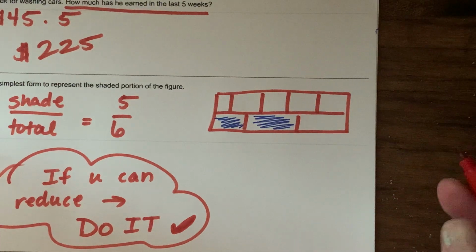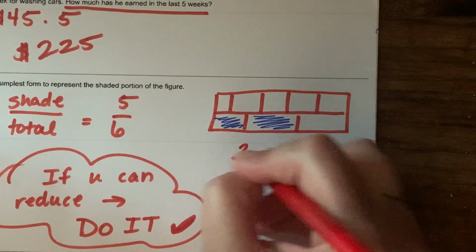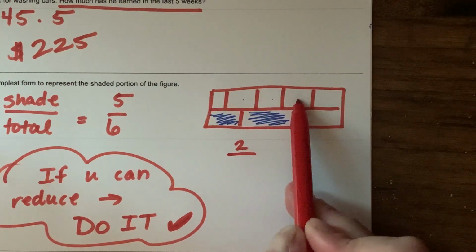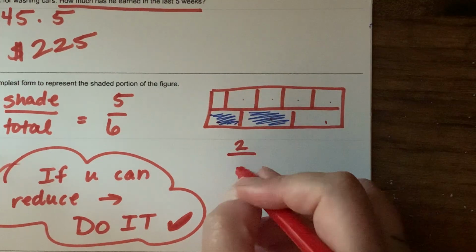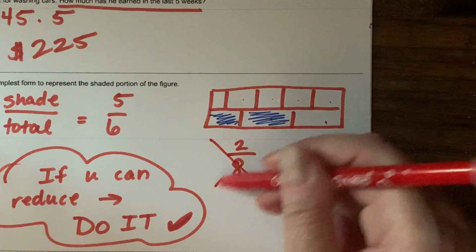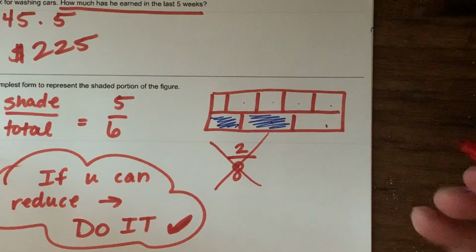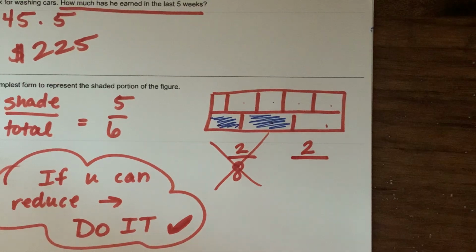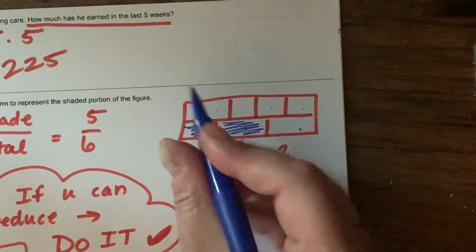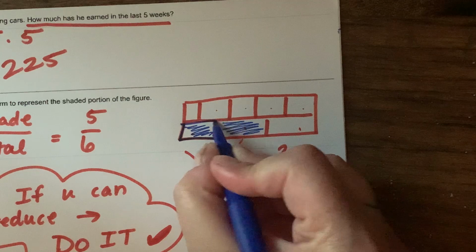Okay, well, the answer is not 2 over 1, 2, 3, 4, 5, 6, 7, 8. It's not 2 over 8 because these pieces are not the same size.